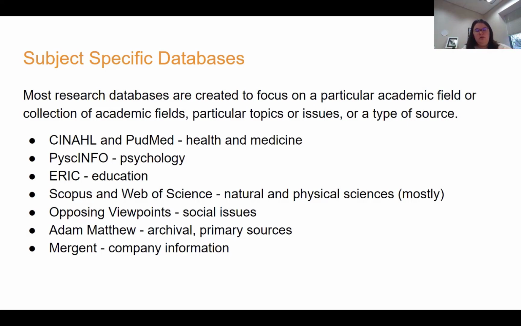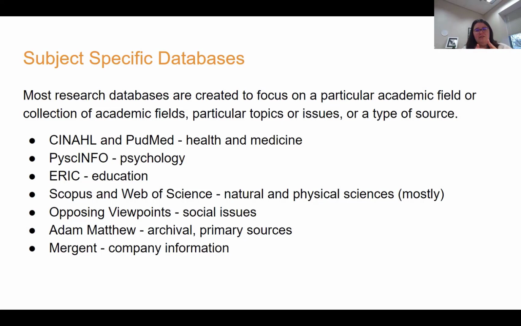PubMed is the largest collection of biomedical information in the world. PsycInfo for psychology, ERIC for education, Opposing Viewpoints is really good for social issues. We have things like Adam Matthew for archival primary sources, Scopus and Web of Science for natural physical science. Sometimes social sciences will pop up in there as well, things like sociology, anthropology.